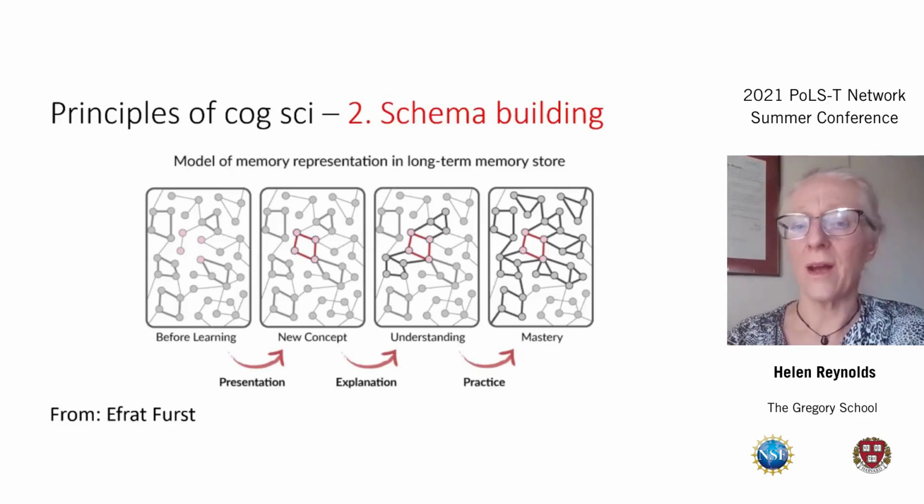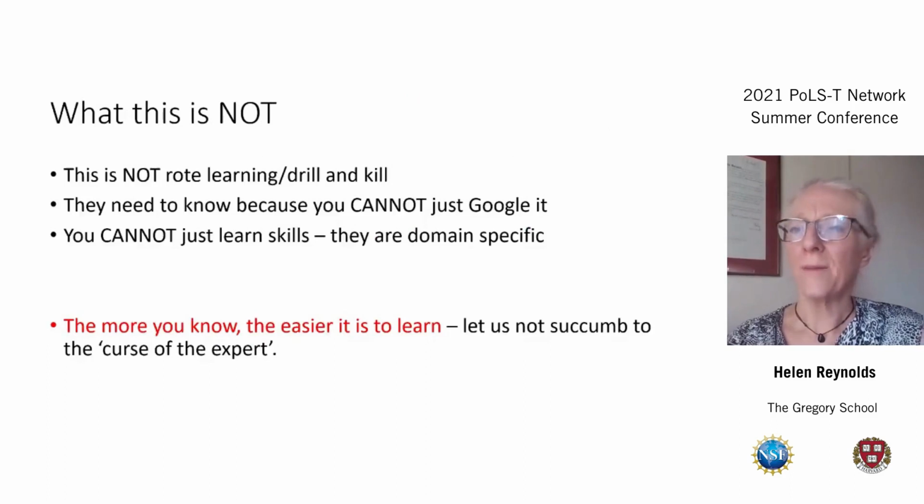But by explanation and practice, we develop a mastery of that so that we move along the novice to expert continuum. So this has proved a very useful way of thinking about it. But I'm going to pause and now just talk about this, because sometimes when I talk to people about long-term memory, they have concerns, and I'd like to allay those concerns now.